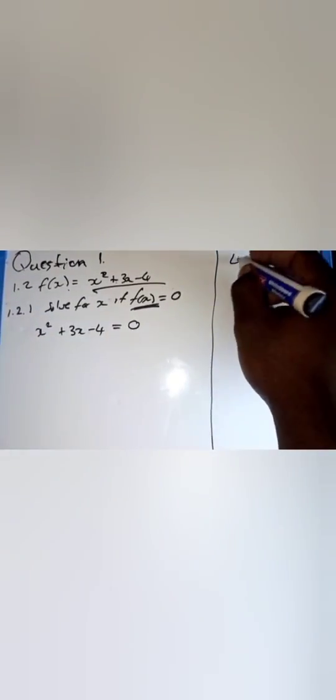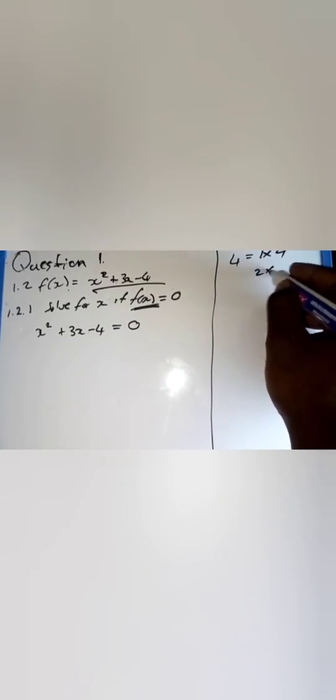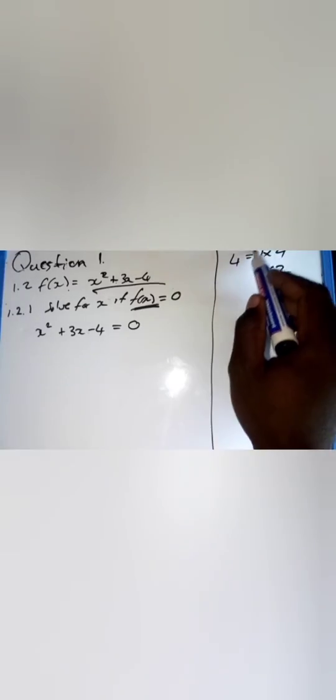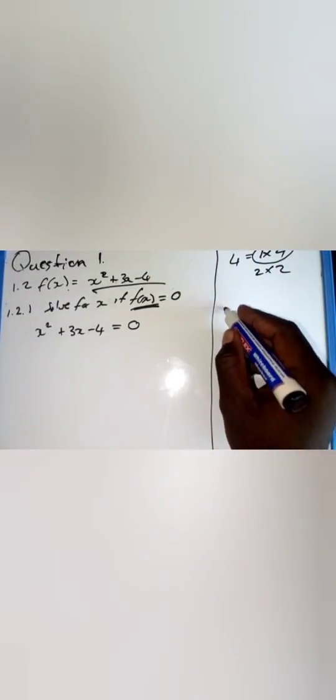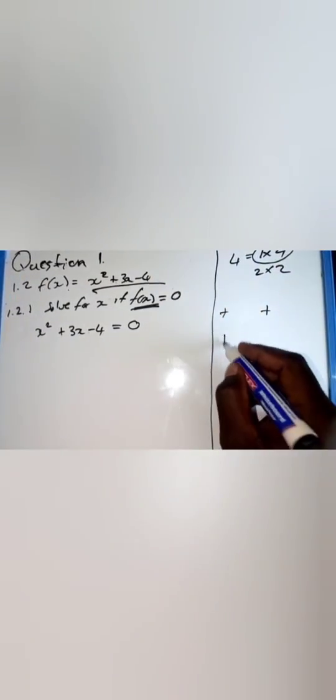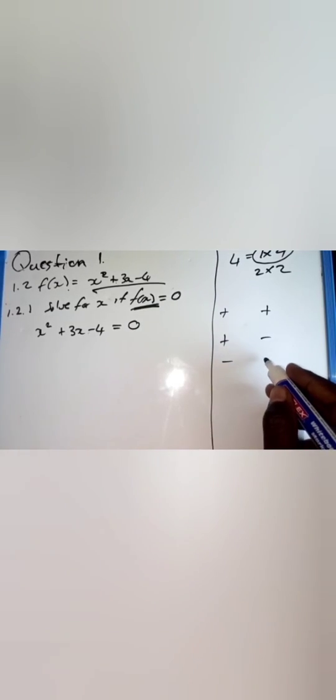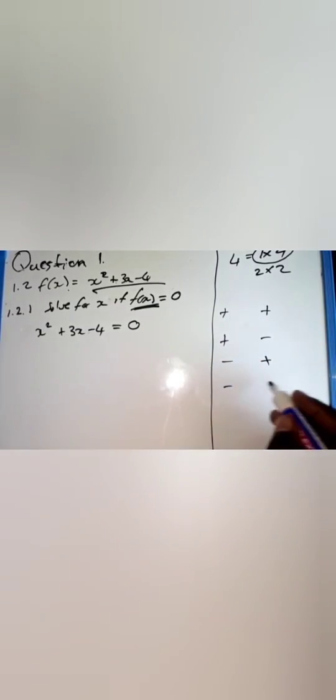And then what you do after that, you factorize this. So you can use the trick that I showed you. 4 can be written as 1 times 4, and it can be written as 2 times 2. What are we looking for? We're looking for 3, so we're going to use this one here. So we have plus, plus, plus, minus, minus, plus, and then minus, minus.